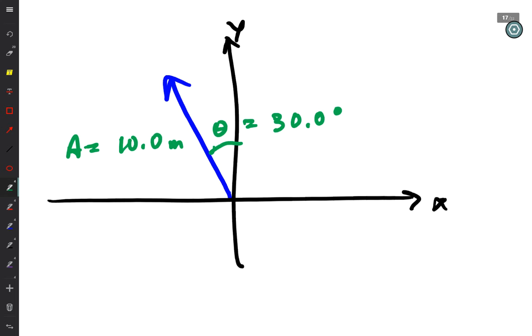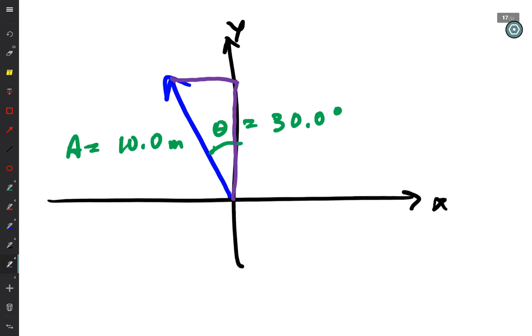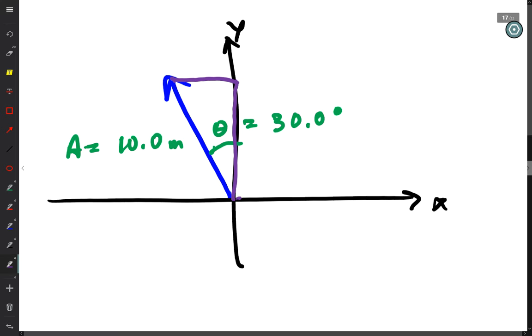Okay, create a triangle. So I'm going to create a triangle that uses that 30-degree angle that I gave you. You don't have to, but I'm going to. So there's my triangle. Now the components must add up to the resultant. So those components have directions. I start at the beginning, and then I go out.